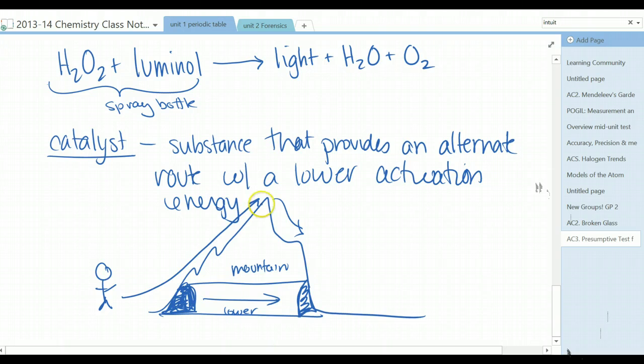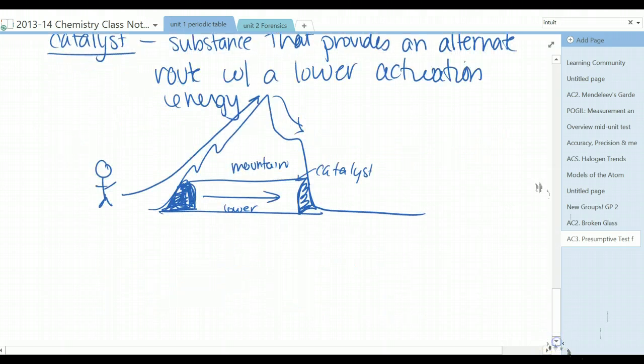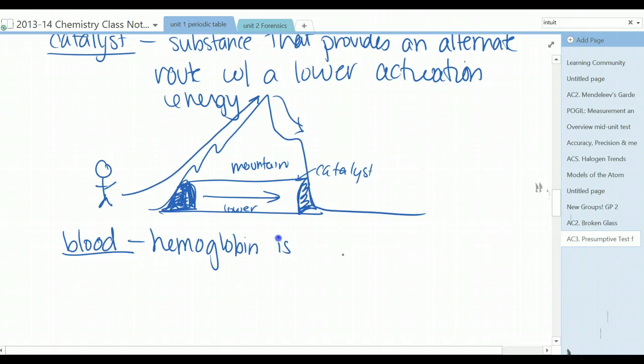So it's not that we've actually lowered the mountain, we've just created an alternate route. The tunnel is like the catalyst. It's created an alternate route with a lower activation energy. So blood, or something in the blood, actually the hemoglobin, which is a protein in blood, is a catalyst for the luminol reaction.